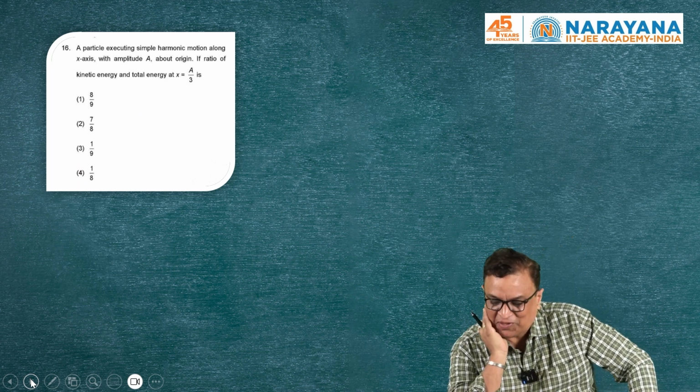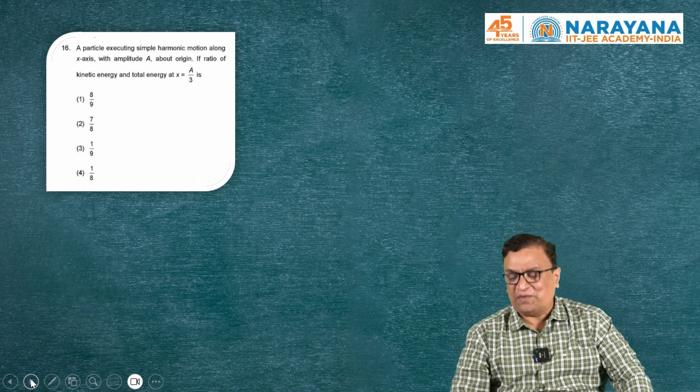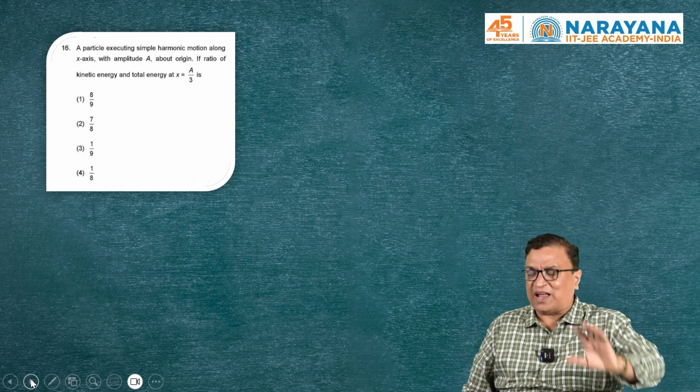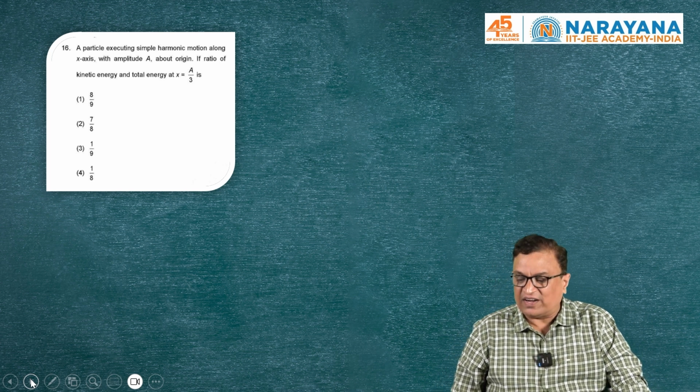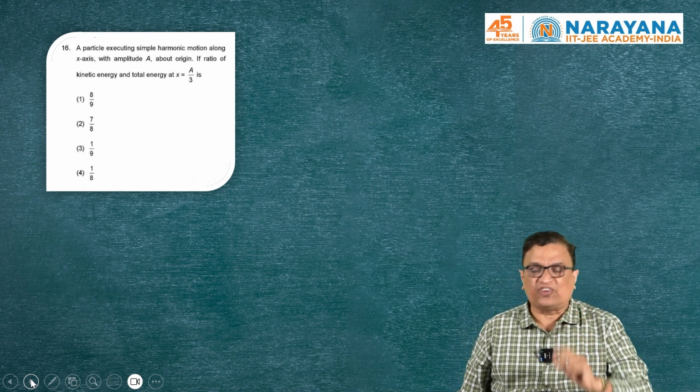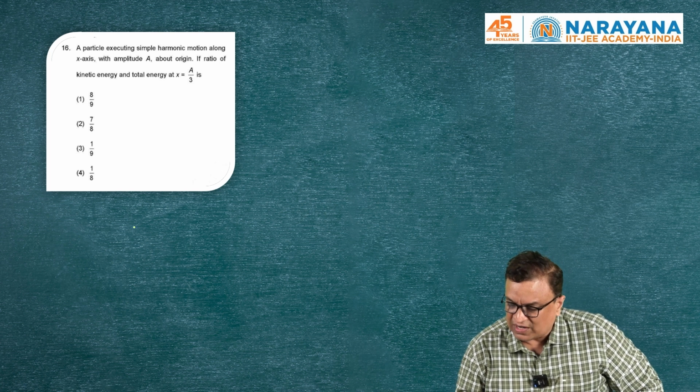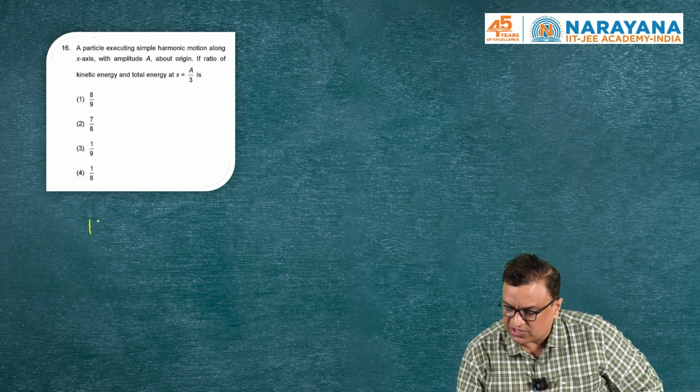Right. 16th question. A particle executing simple harmonic motion along the x-axis with an amplitude A about the origin. Ratio of kinetic energy and total energy at a position. You want KE by total energy, right? KE by total energy.